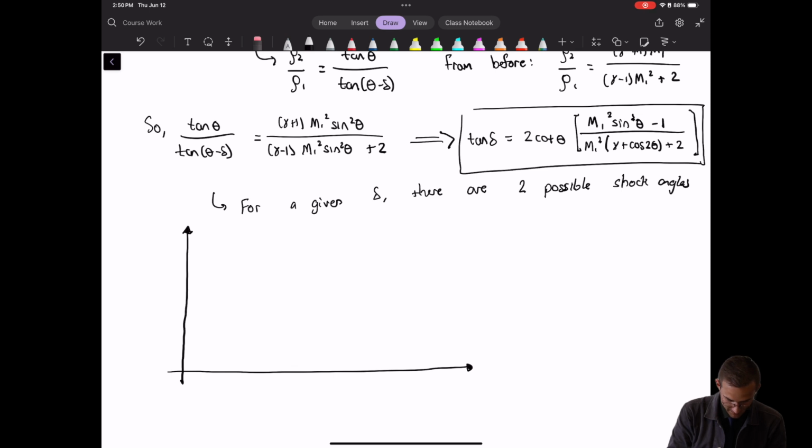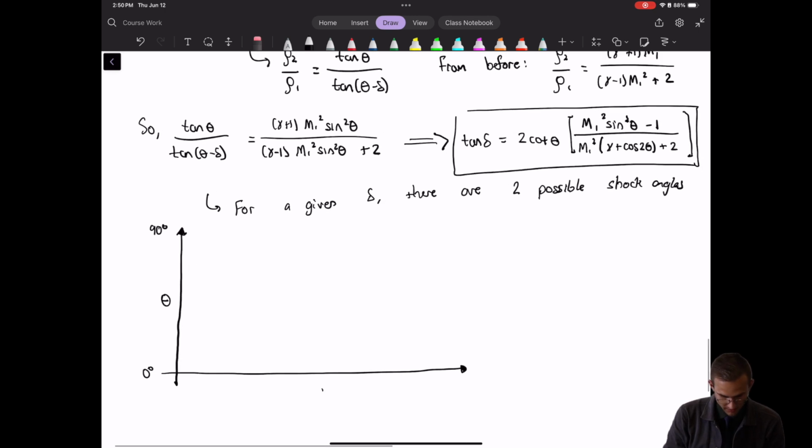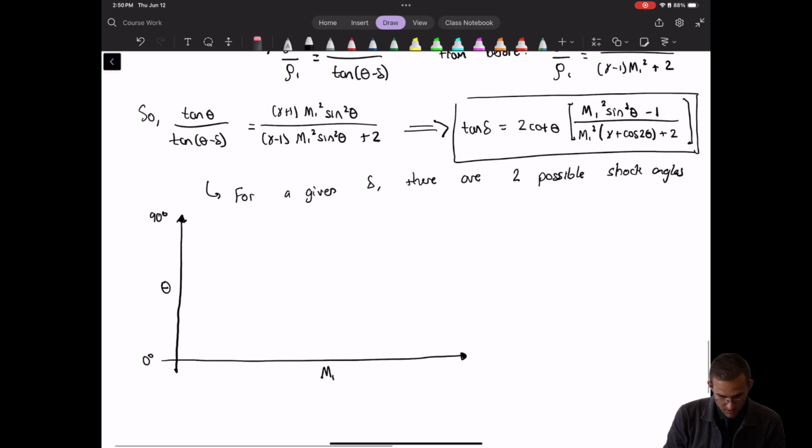But what we're going to plot here is theta on the vertical axis, going from 0 degrees to 90 degrees. Of course, because 90 degrees is the maximum, the normal shock case. And then on the x-axis, we're plotting as a function of m1. Okay, and then what we're doing is we're plotting delta.